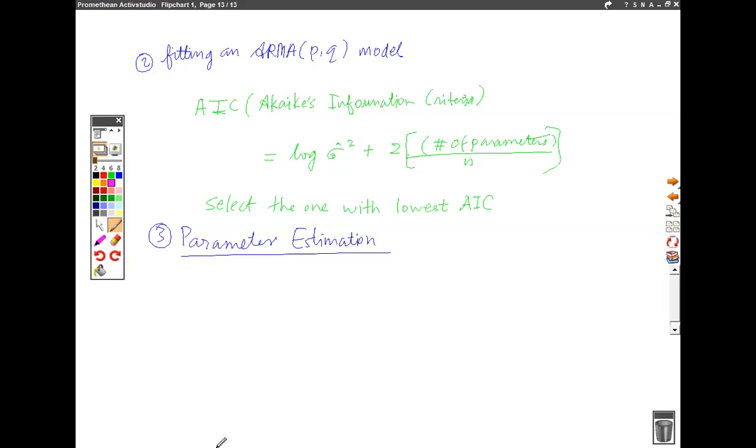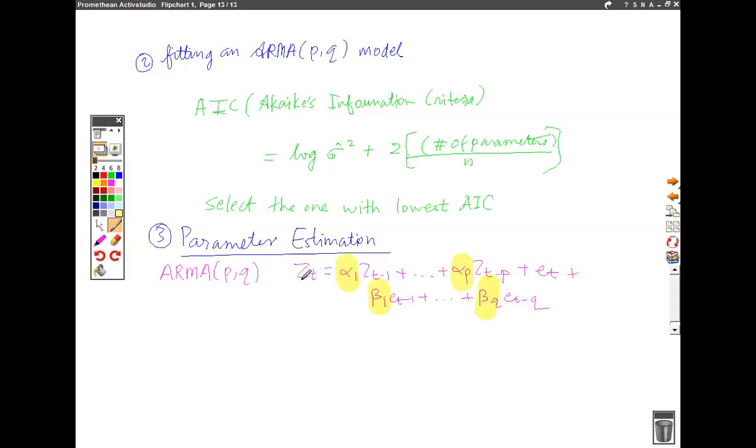So let us say you have an ARIMA(P, Q) model. I can rewrite my model as, so this will go until P, and then you have epsilon t, and then for MA, you will have beta 1 epsilon t minus 1, and so on till beta Q epsilon t minus Q. And when I'm talking about the parameters, my parameters will be alpha 1 to alpha P and beta 1 to beta Q. So these will be my parameters.